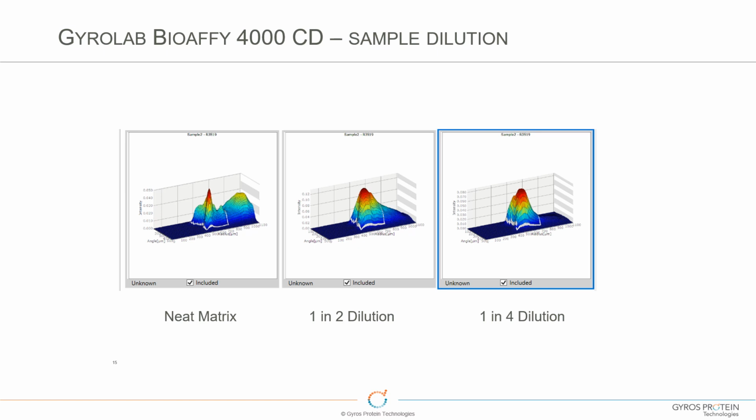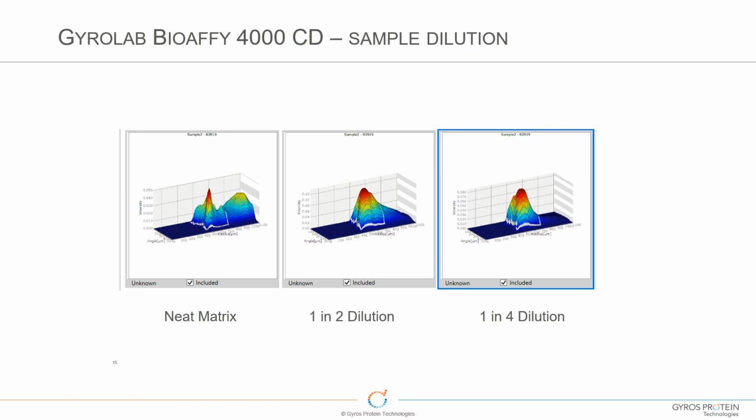You can see with the neat matrix that the integration window, which is represented by the white integration area, there is a lot of debris, or a lot of the sample is outside the integration area. Yeah. So this shows that with the 100% matrix, the actual sample flow is not happening smoothly.